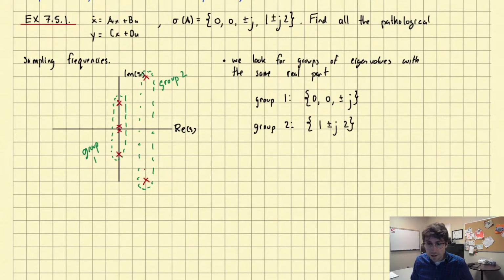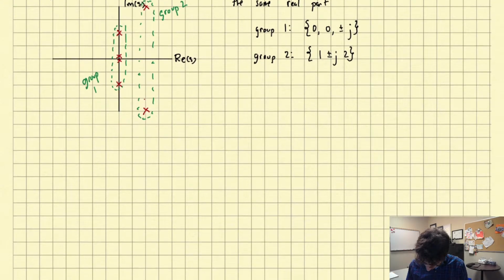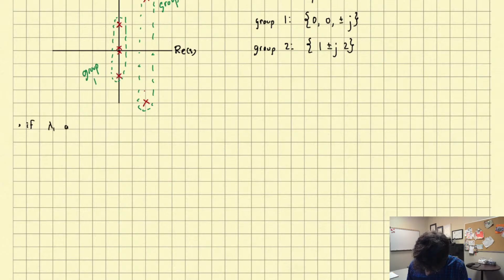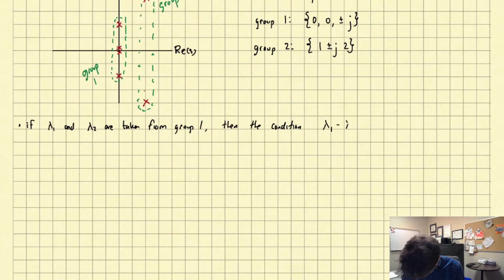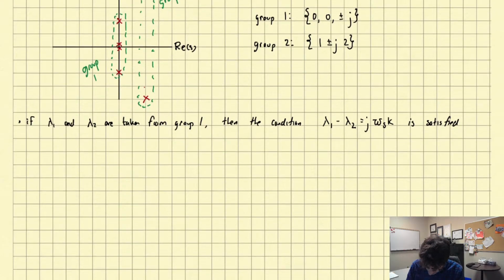Okay, so how can we satisfy the condition? Let's think about the case of group 1. So in group 1, if lambda 1 and lambda 2 are taken from group 1, then the condition, right, the condition is that the difference between these poles or eigenvalues has to be equal to j omega s k. Is it satisfied if what?